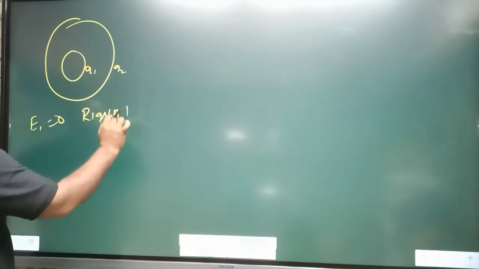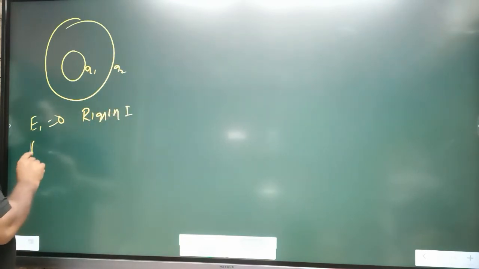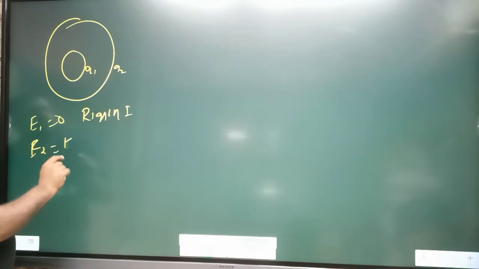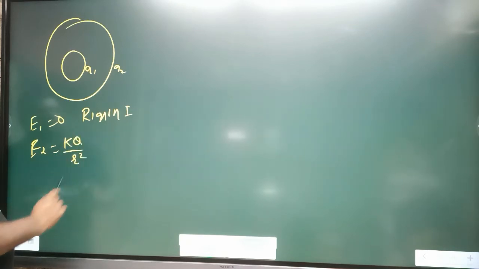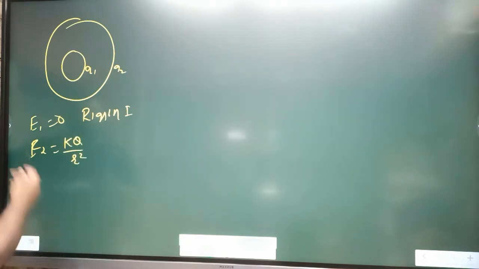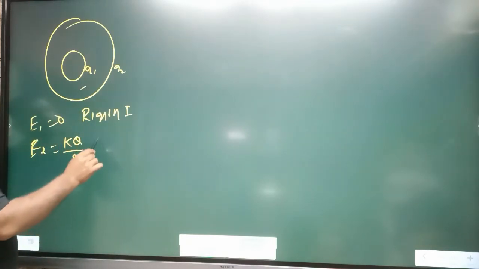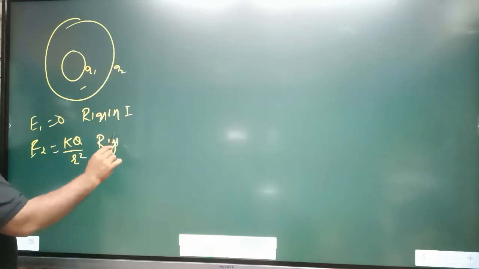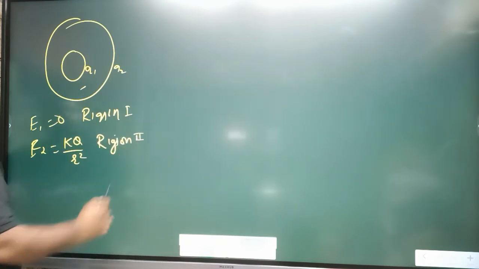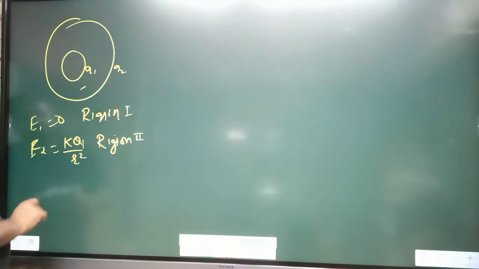Region second, E2 is KQ upon small r square, where the charge is Q1. Region second. E3.